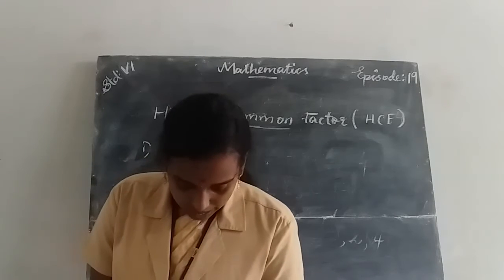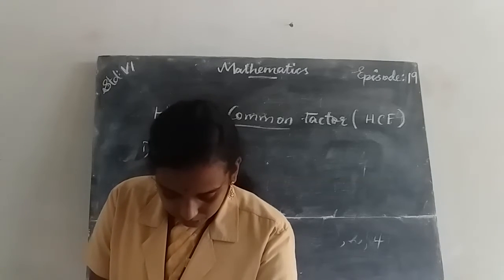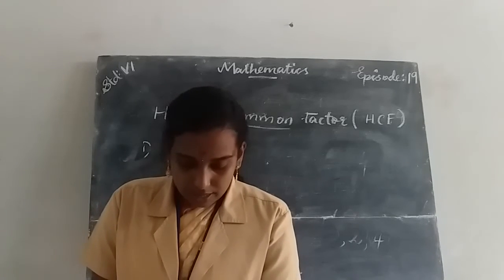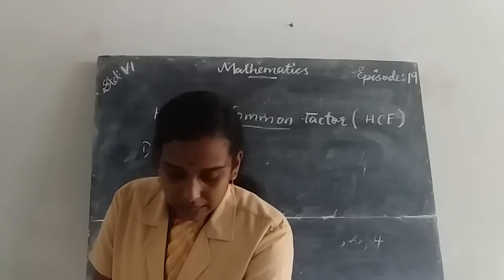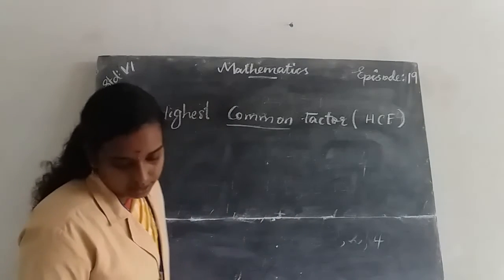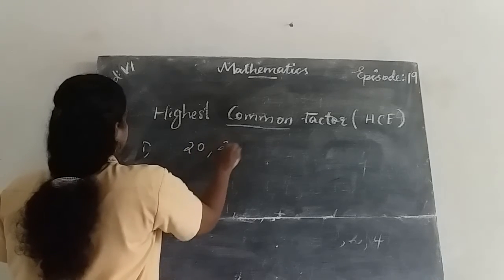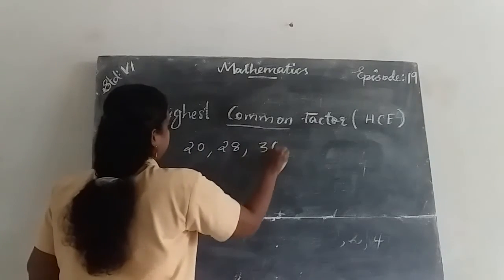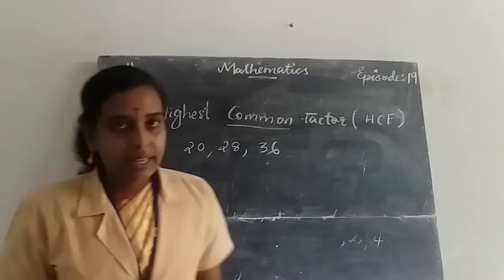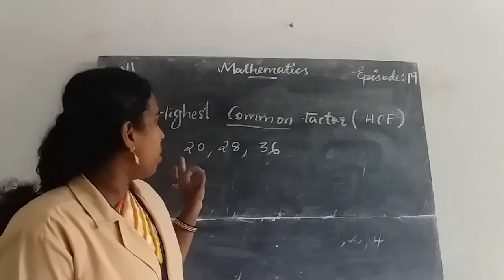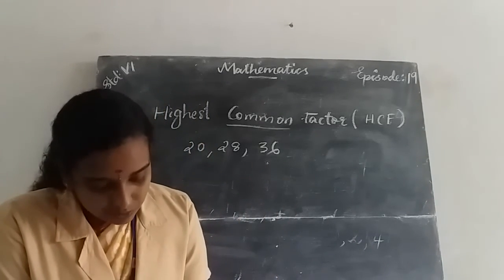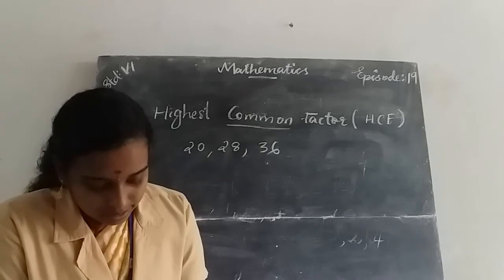Then next question. We also do another question: 20, 28 and 36. Okay, we want to find the highest common factor of 20, 28 and 36.